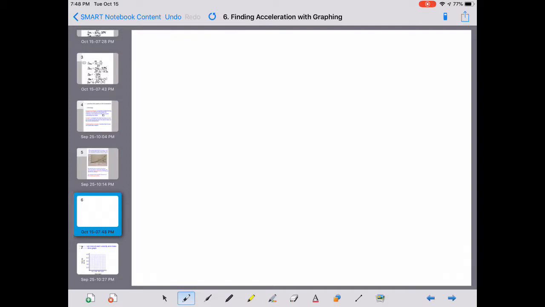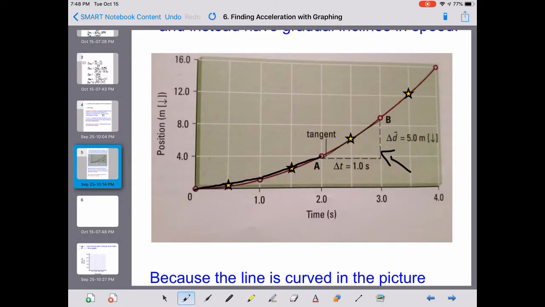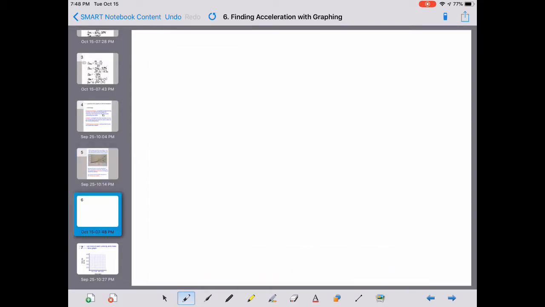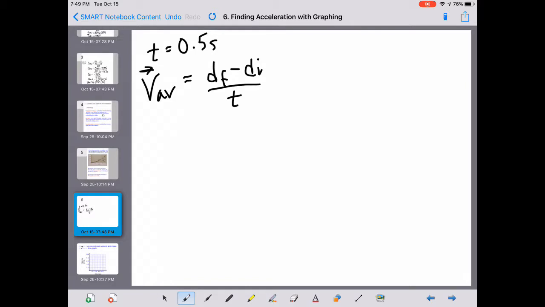So if we go back and take a look at where the first star is, at 0.5 seconds, that's the one we're going to focus on up front. At time equals 0.5 seconds, we're going to calculate the average velocity using a familiar equation from before, df minus di over our change in time.